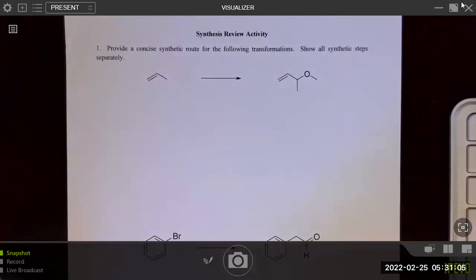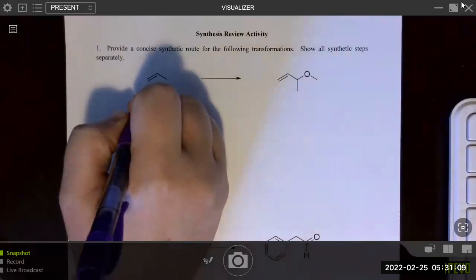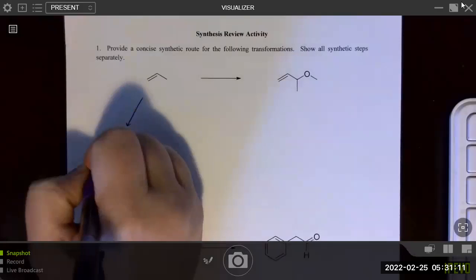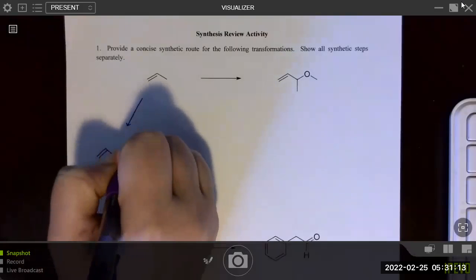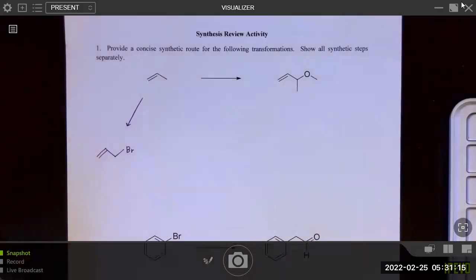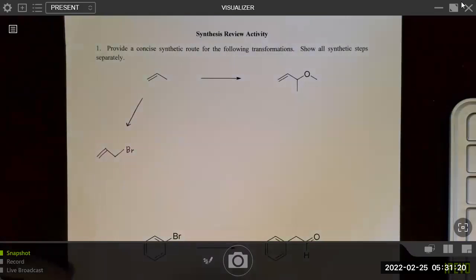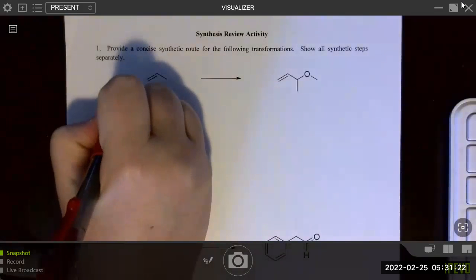But to start with, hopefully you remembered a reaction which will allow you to do allylic halogenation. The conditions for that are NBS and heat or light.